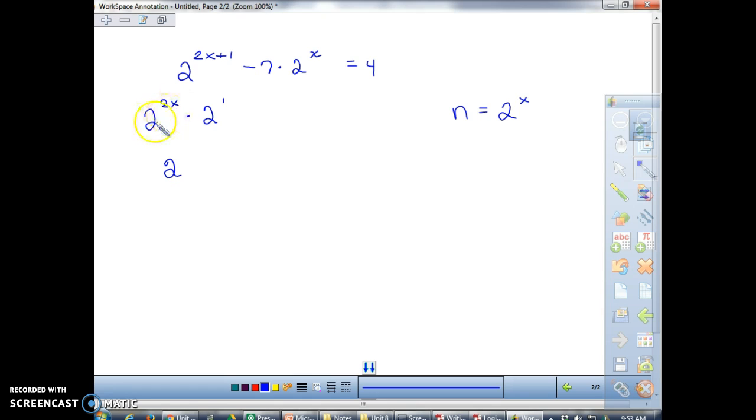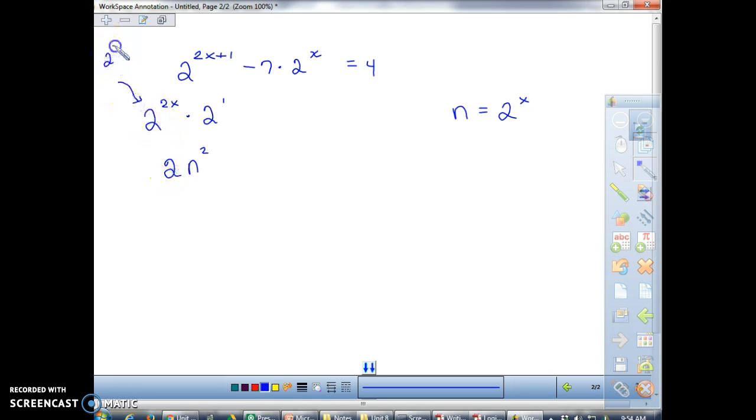This 2 is my coefficient. And then guess what I can do with this? 2 to the x squared. So 2 to the x squared, just like we did on the last problem. So could I do n squared here? This 2 right here is the same 2 that I have as a coefficient. And then I'll show you how to rewrite this.